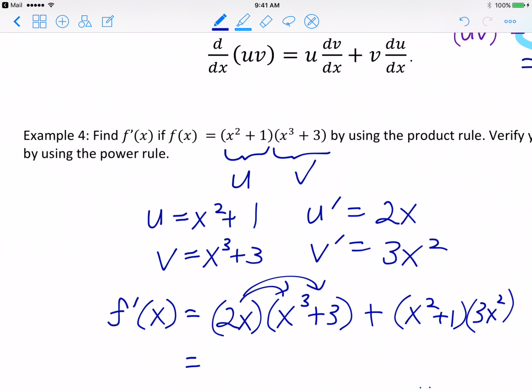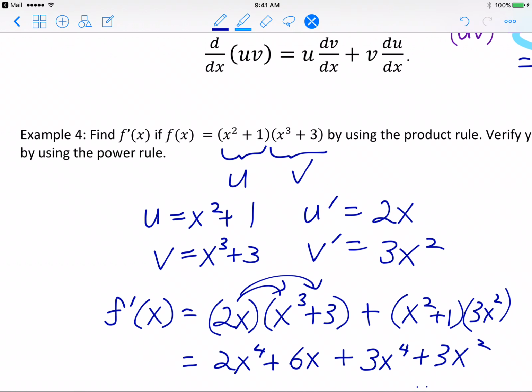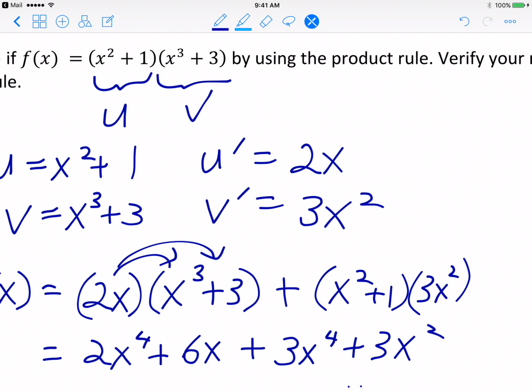We get the product first, which becomes 2x to the fourth power plus 6x, and then you add that to the second product, which would be 3x to the fourth power plus 3x squared. It appears that the final answer would be 5x to the fourth power plus 3x squared plus 6x.